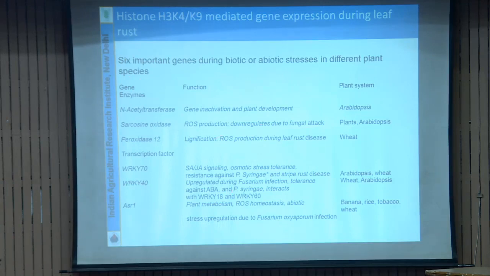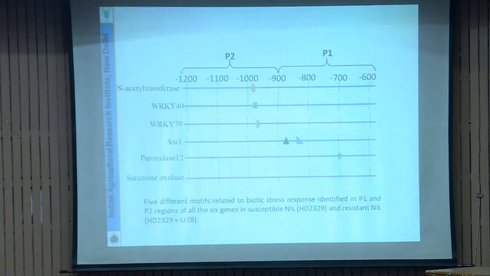Their functions were already known in different crops for their response to disease resistance and abiotic stress resistance. And the purpose of choosing these 6 genes was that they were differentially expressed in response to leaf rust resistance. So we wanted to see whether the differential expression of these genes could also be regulated by histone modifications or not.